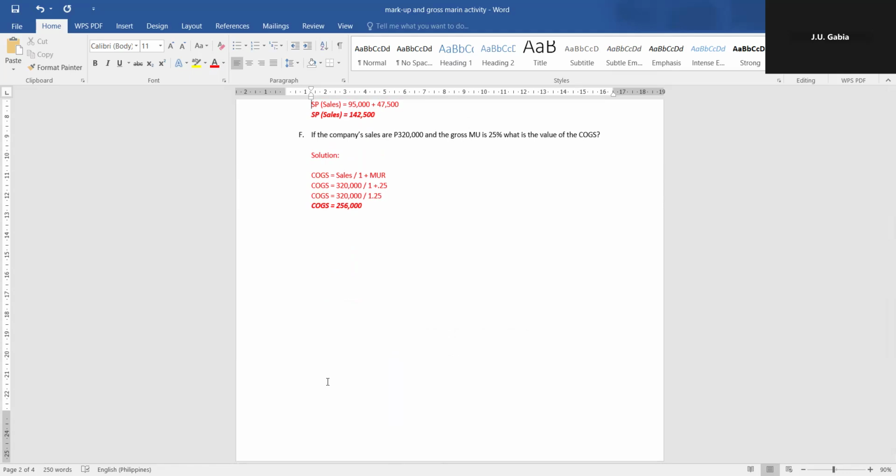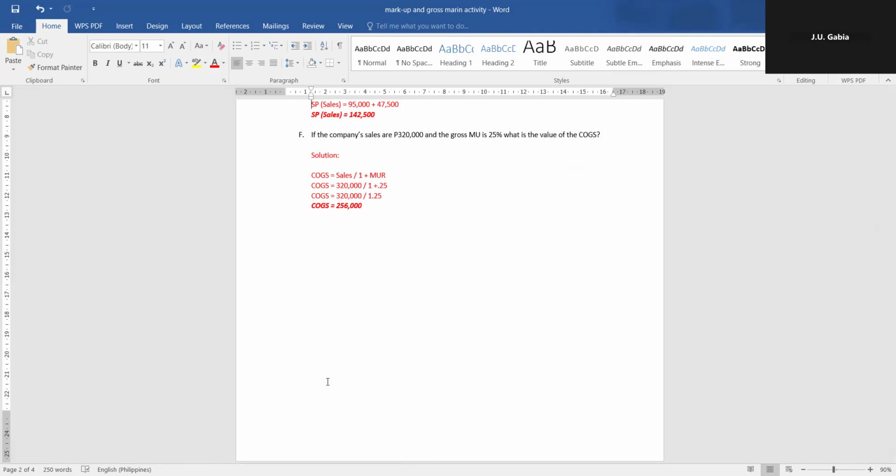Here we are asked for the cost of goods sold, and the sale and the gross markup are given. This pertains to the formula that I have given you in the earlier weeks.